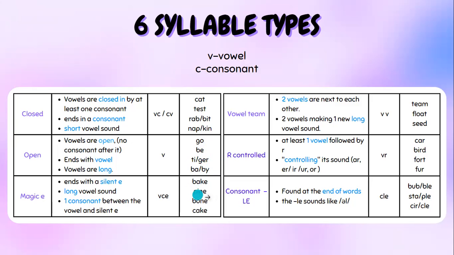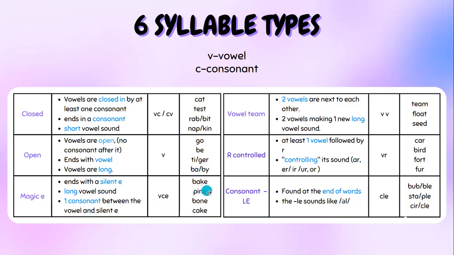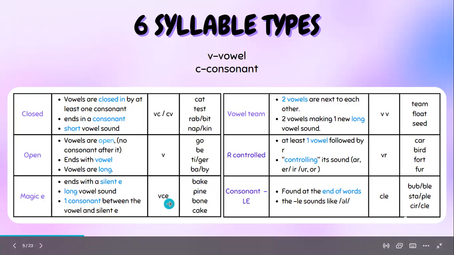Next, we have silent E, actually magic E. And these words are of the form V, so vowel, consonant, and then E. So they always have to end in a vowel, a consonant, and an E. For example, in the word bake, the last letters are A, K, and E. And that follows this form of vowel, consonant, and E, so it's a magic E word.